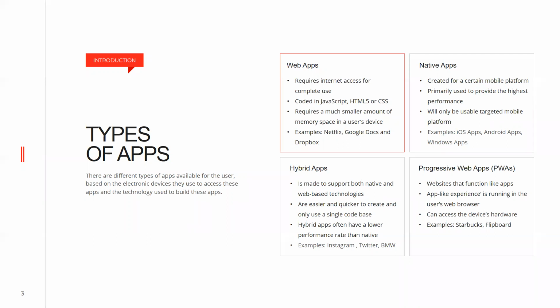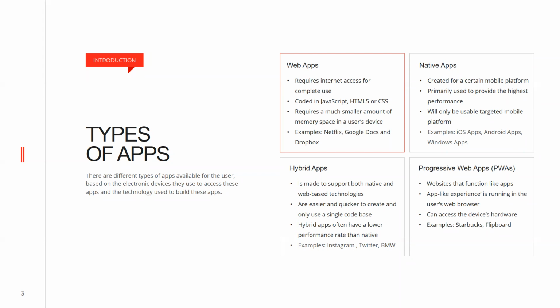For the application to run in your browser, you definitely need internet access to use it. The zero code application that you're going to use in the coming days to build the apps is a web app. So you need a browser with an internet connection to access this particular application.